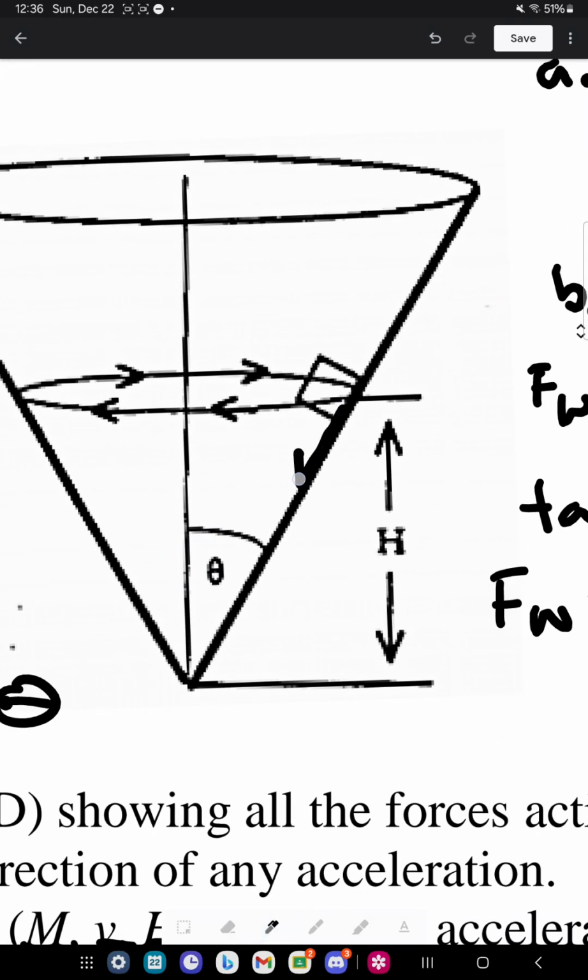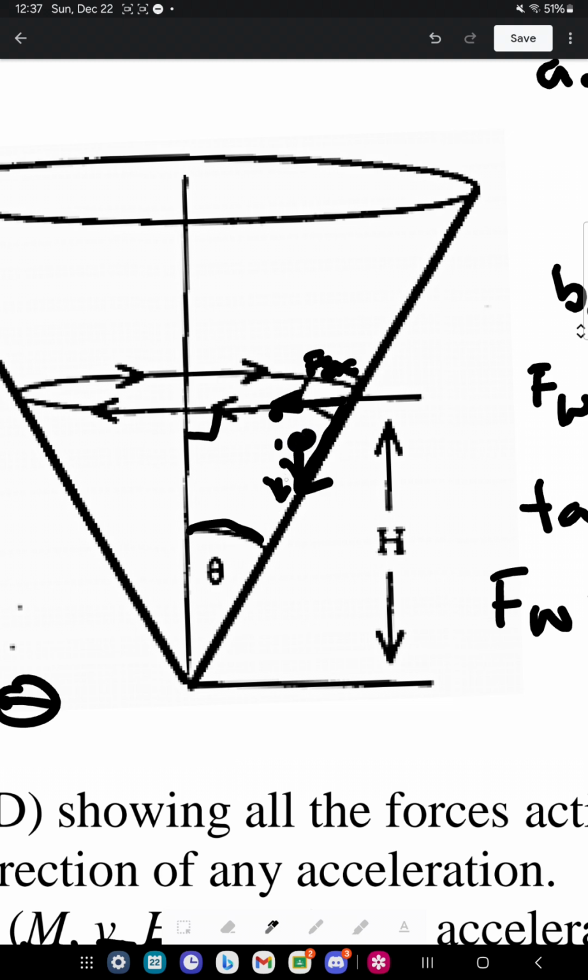So if F of s is parallel to the curve that the car is moving around on, and F of s x that we are looking for is pointing towards the center, and this is a 90-degree triangle, then this theta is equal to this theta because they are similar triangles.